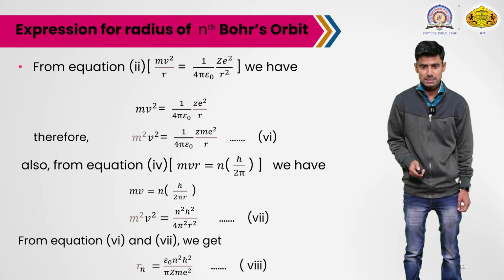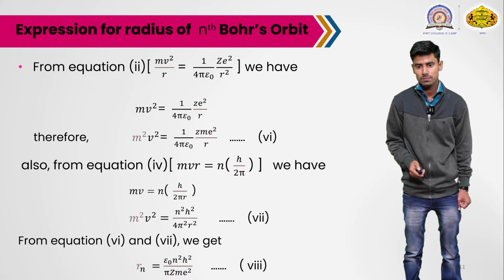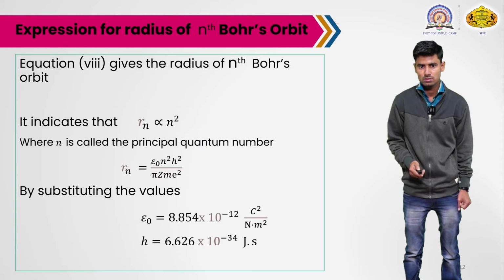This is equation 7. By equating equations 6 and 7, I will get the formula for the radius of the nth Bohr orbit as Rn equals epsilon naught n square h square upon pi Z m e square. This is equation number 8. It gives us the formula to find the radius of the nth Bohr orbit.